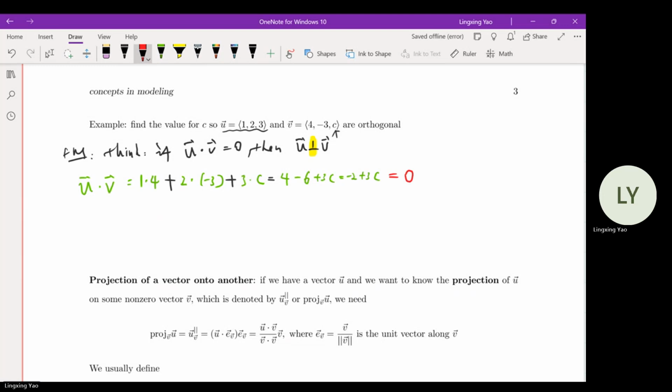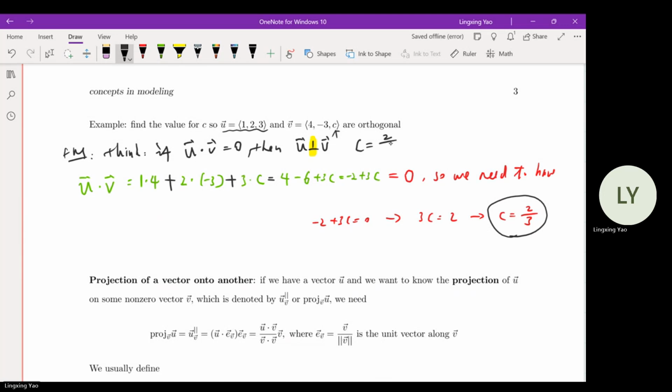So how do we make it 0? We need -2 plus 3c equals 0. This tells us 3c equals 2, so c equals 2/3. That's what we are looking for. Okay, let's just pause for a moment.